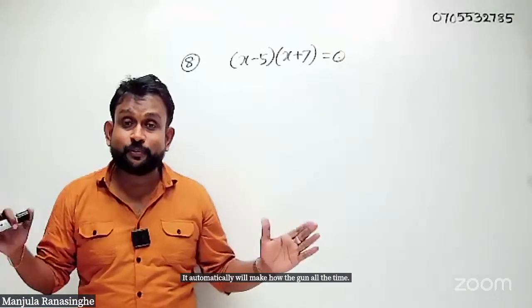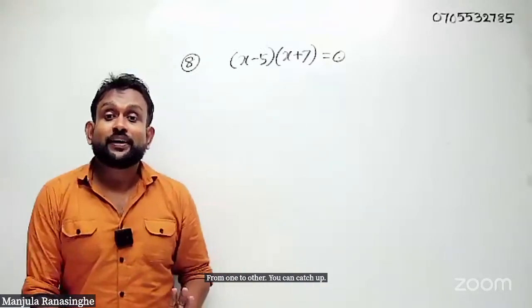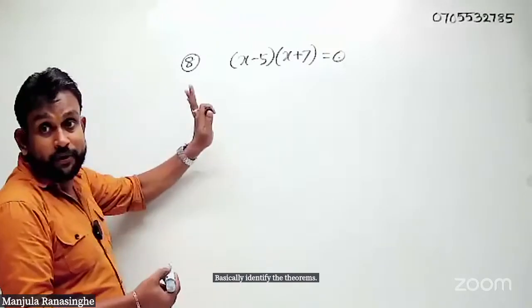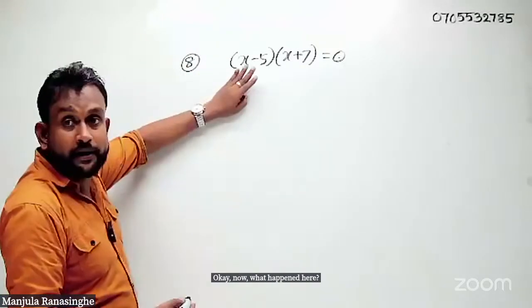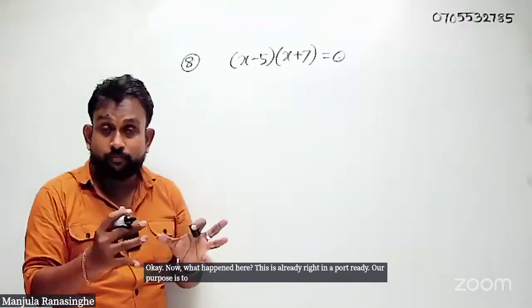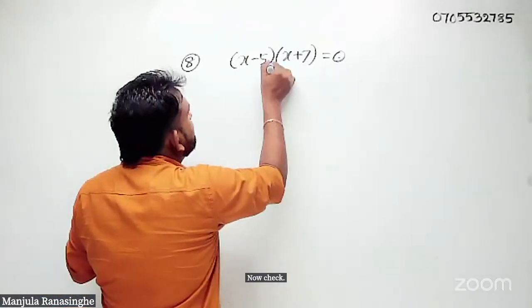If the question is varied from one to other, you can catch up, because you basically identify the theorems. Okay, now what happened here? This is a quadratic, right? In a quadratic, our purpose is to make a product equal 0. Now check whether it is a product or not.